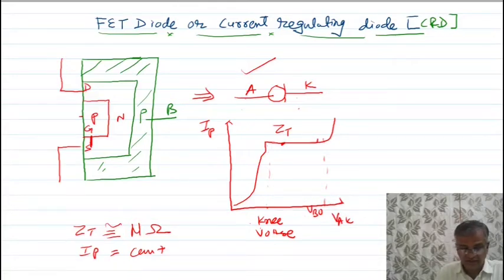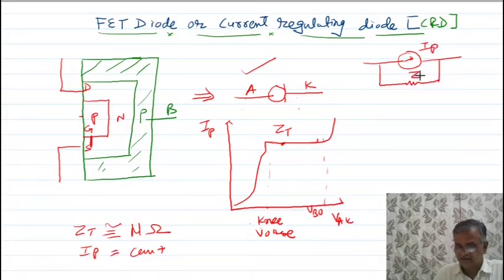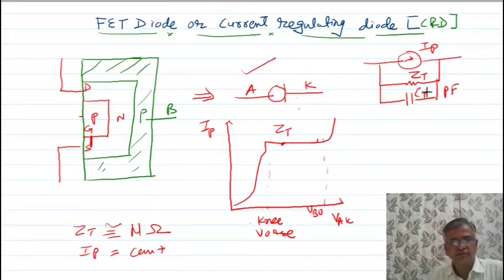And if you want to see its equivalent circuit, it is represented by this. This is your ZT, it is impedance, and this is capacitance CT. It is of the order of pF. This is of the order of mega ohm, and this is in milliampere.